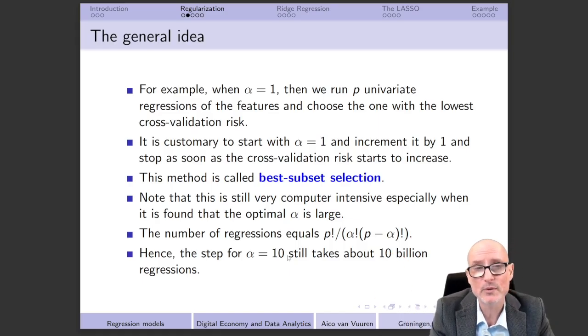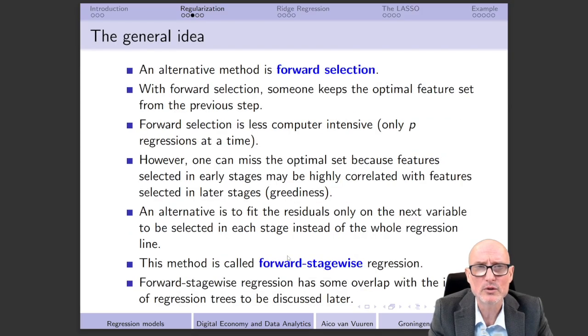So, for example, suppose that we find out that a particular feature is best to include when alpha is equal to 1. Then in best subset selection we forget about that feature in a sense, because for the second step it could be possible that other features are included, not just that feature. That is not what we do with forward selection.